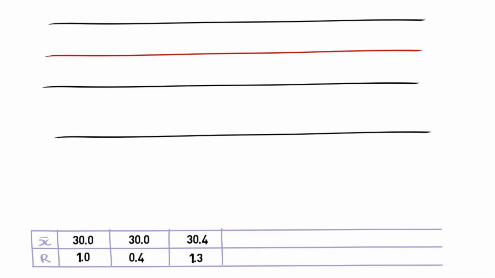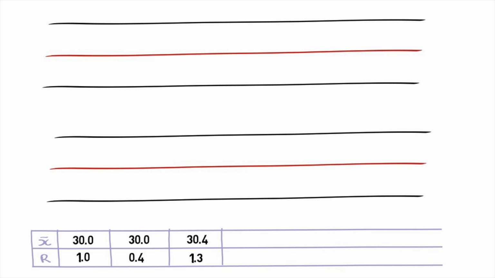We will now draw the control chart. We will plot the control chart limits for our X-bar and range chart, including our center line. The top chart is our X-bar chart and the bottom one is our range chart.